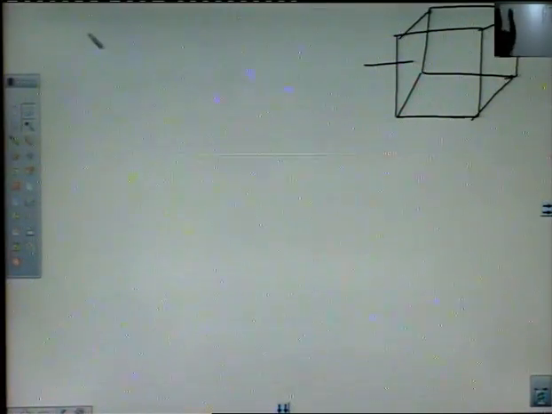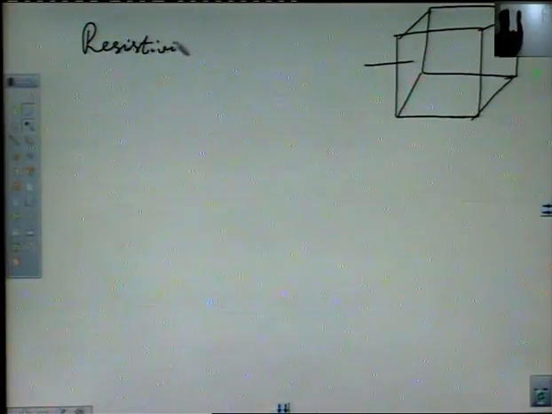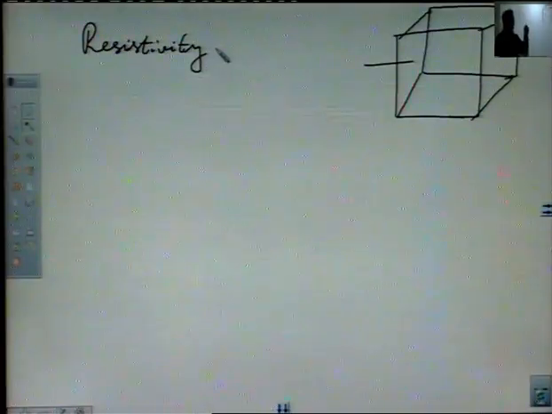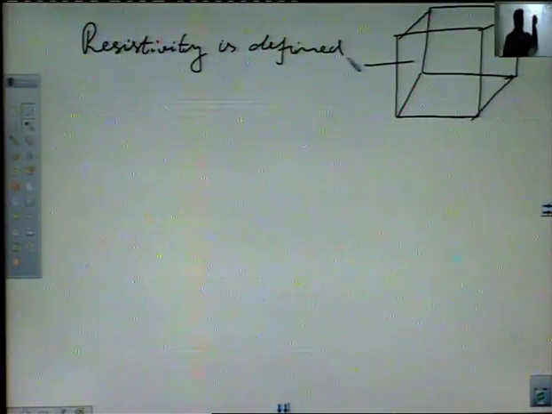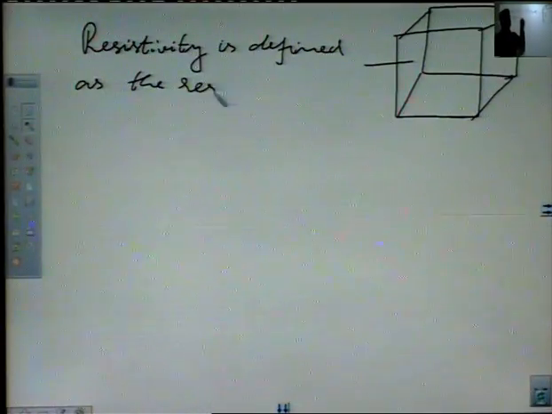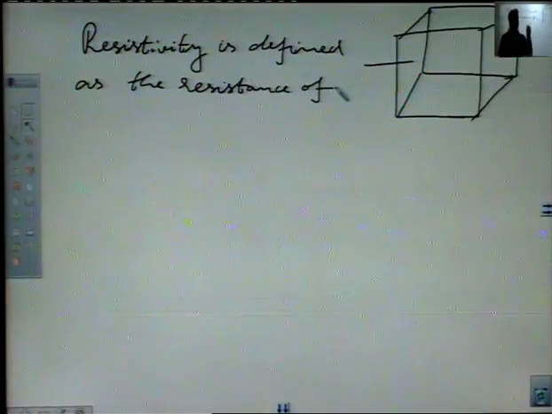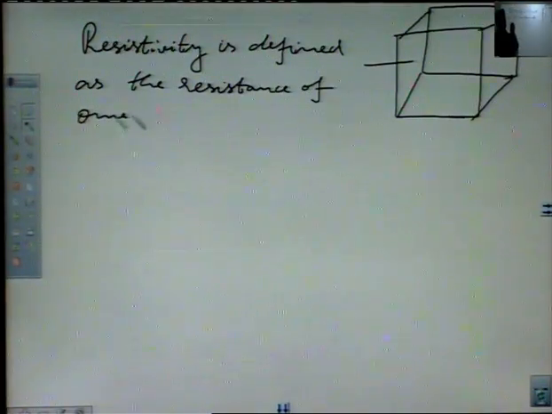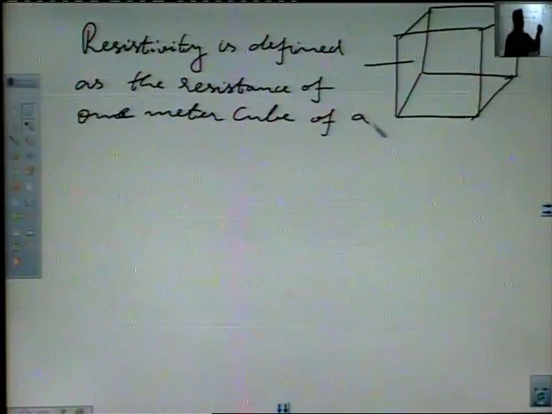So, another way to define resistivity is that resistivity can also be defined as the resistance of one meter cube of a material.